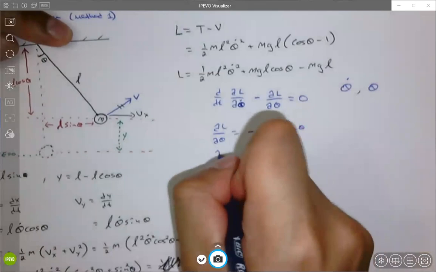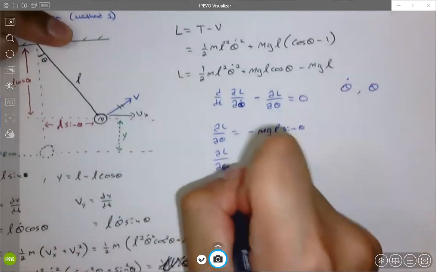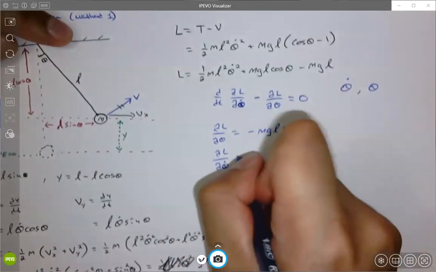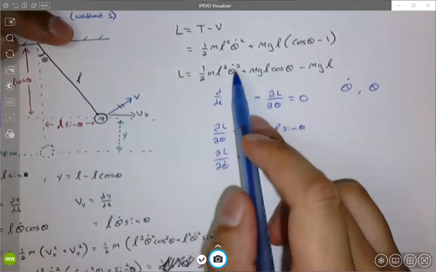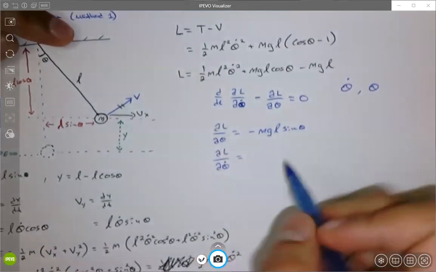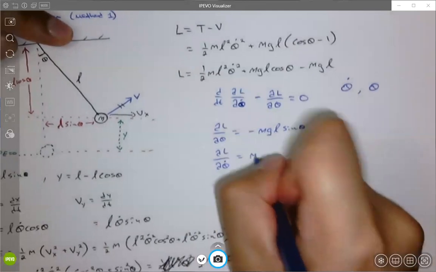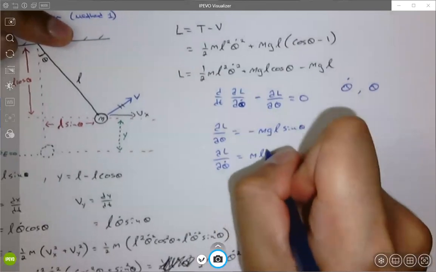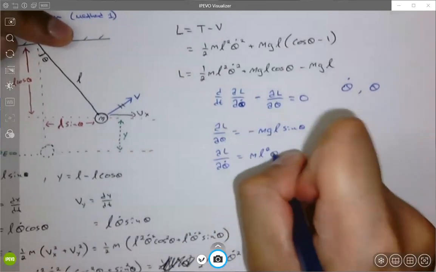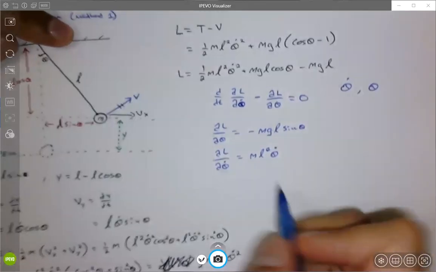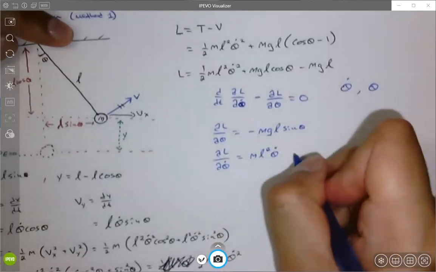What about the dL over d theta dot? That's going to equal, well, this term right here, the 2 goes into the front here, and it'll become ml squared theta dot, and then we have to take the time derivative of all of this.